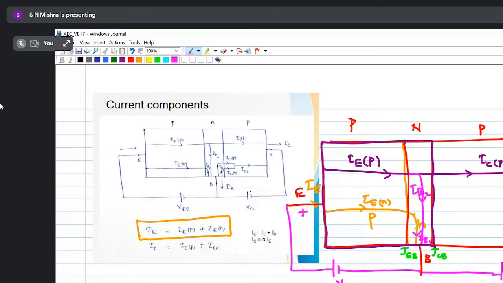So for the base current, I am getting 2 components till now. One is the electrons which are moving from base to emitter, that will constitute one component, and whenever the holes are moving from emitter to collector through base, that component will give you some current. Is it clear? Base current, emitter current, 2 components I have explained. Any doubt, you ask me.